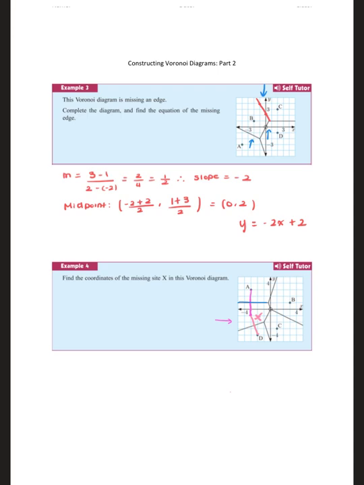So I'm going to find the equation of the hot pink line here, and I'm going to find the slope of this line, and I'm going to find that point where they meet. Okay, so I'm going to show you how I do that.